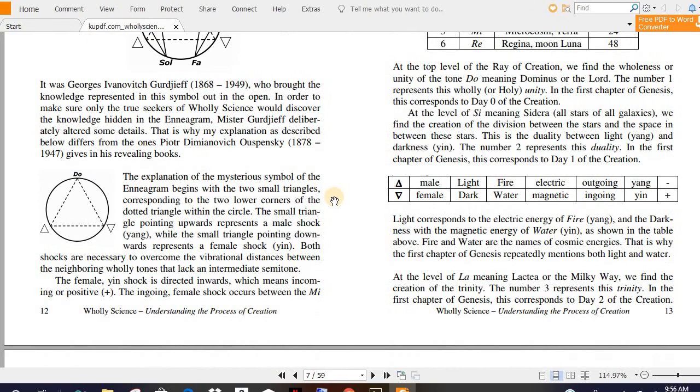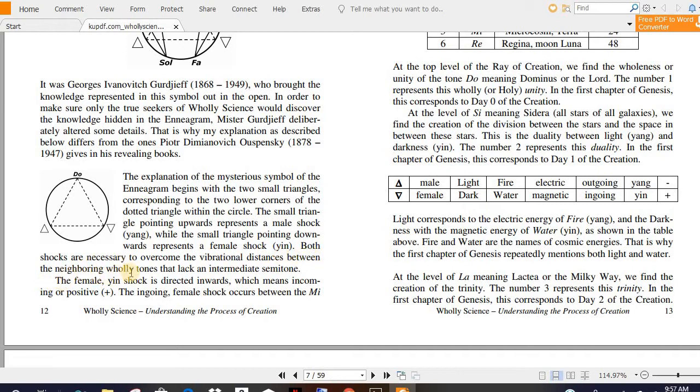Got to read that. The explanation of the mysterious symbol of the enneagram begins with the two small triangles corresponding to the two lower corners of the dotted triangle within the circle. The small triangle pointing upwards represents a male shock, yang, while the small triangle pointing downwards represents a female shock, yin.